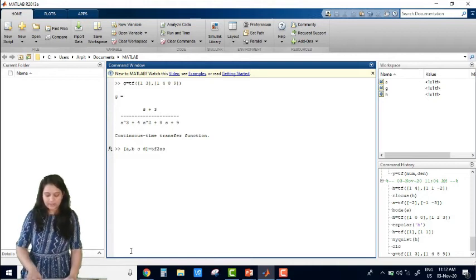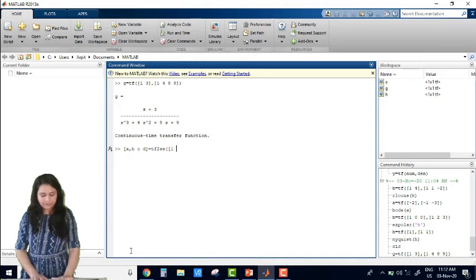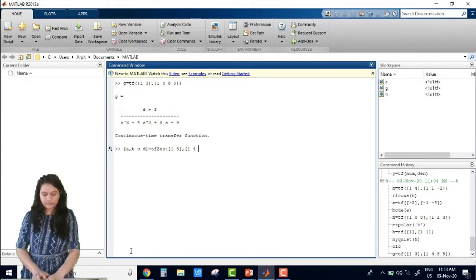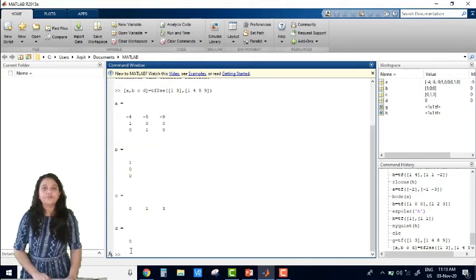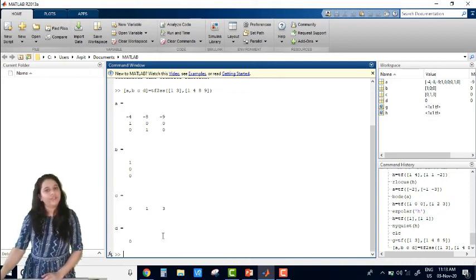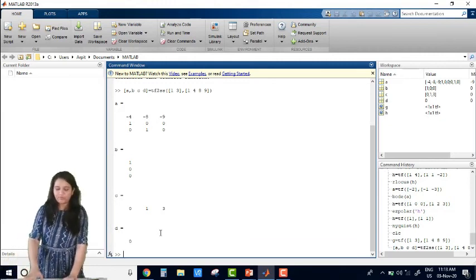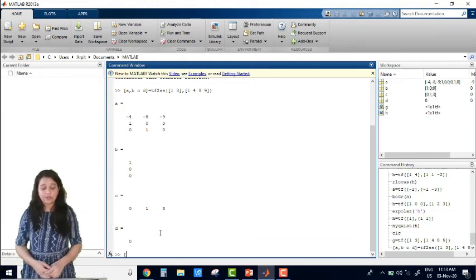In the bracket we write the numerator coefficient comma denominator coefficient, bracket completed. So simply we write tf2ss and we find the values of a, b, c, d.